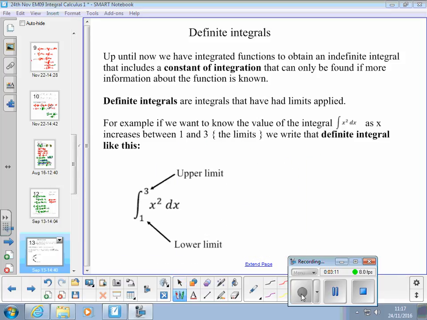What does the shape of the graph y equals x squared look like? What does a quadratic equation graph look like? A parabola, yeah? Okay. Is this a parabola opening upwards or downwards?